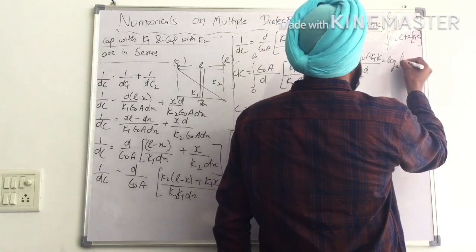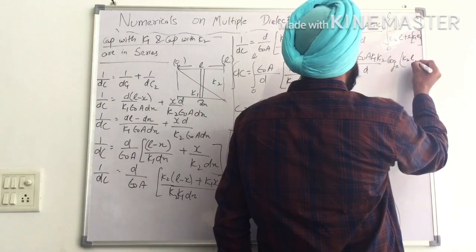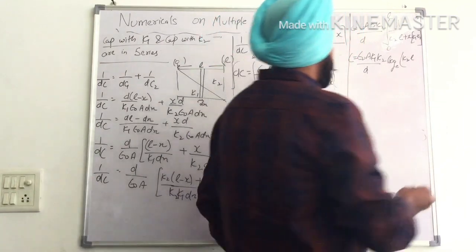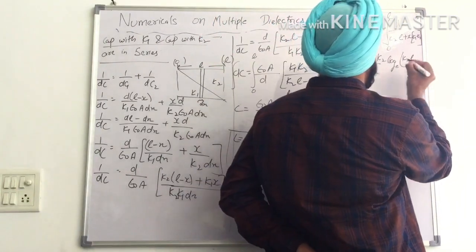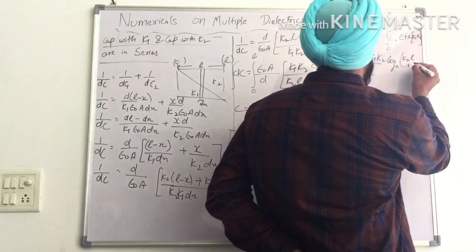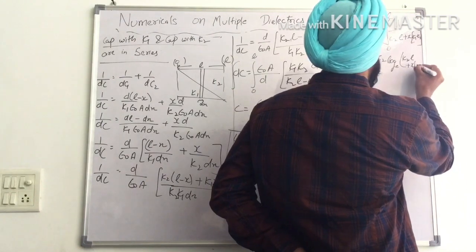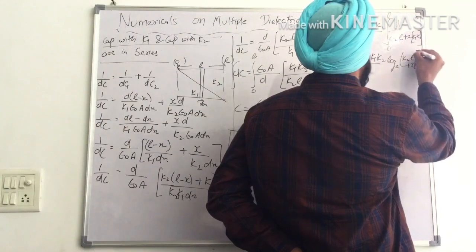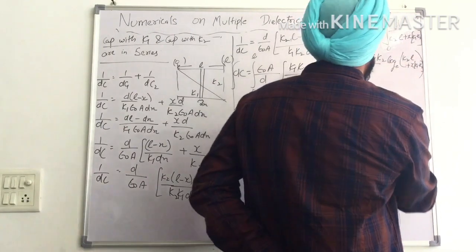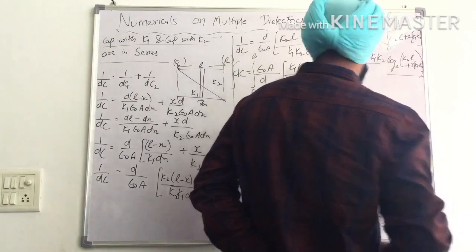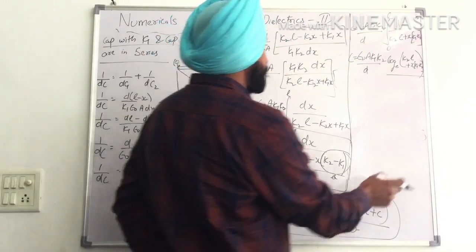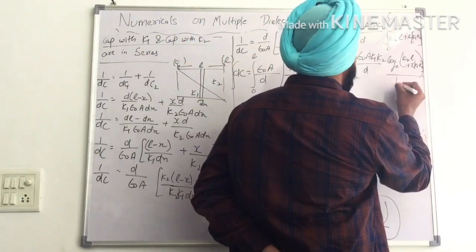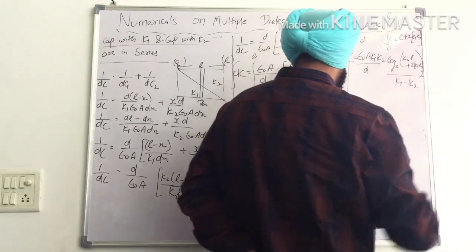So it will be K2L plus x(K1 minus K2), divided by b. So here our b will be K1 minus K2. Fine.